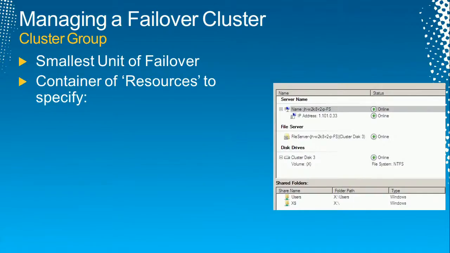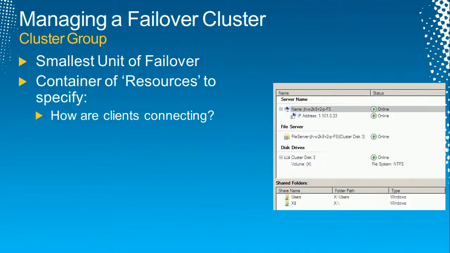When I fail over, all those pieces fail over together. So if I have multiple groups, those groups fail over independently of each other. There's no cross-group dependency. I can move groups wherever I want them, depending on what my server capacities are. But that's the small unit that we're talking about. A group is what serves the purpose of putting it on a cluster.